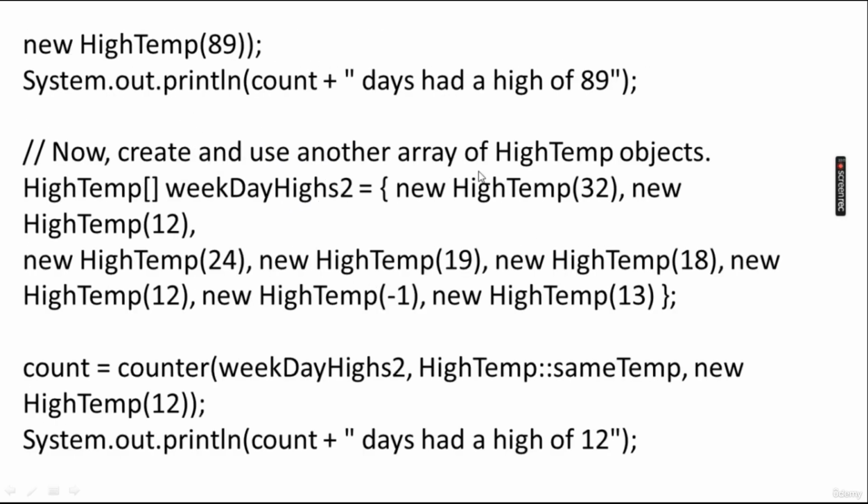Now create and use another array of HighTemp objects, weekdayHighs2: 32, 12, 24, 19, 18, 12, minus 1, 30. Then again counter with weekdayHighs2 and HighTemp::sameTemp, new HighTemp(12), counting days with a high of 12.